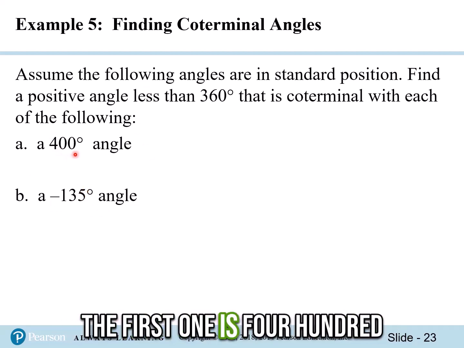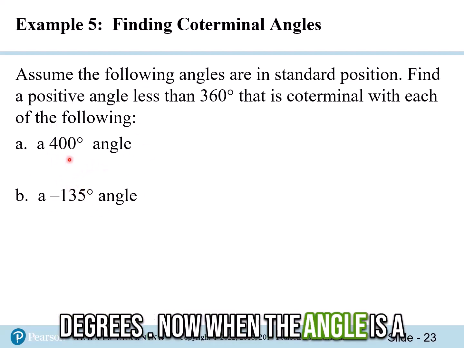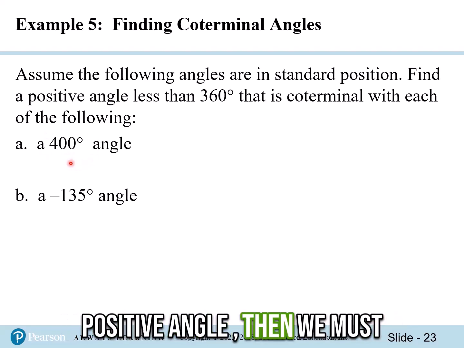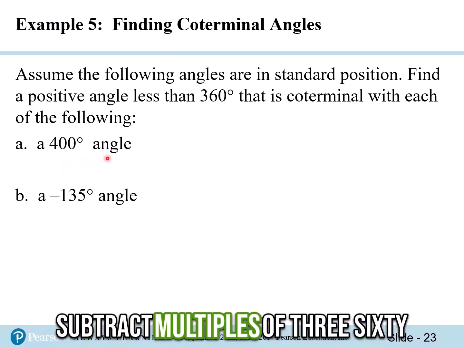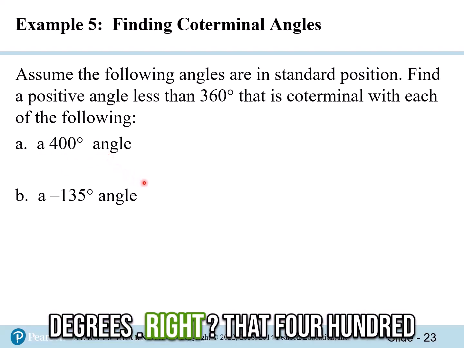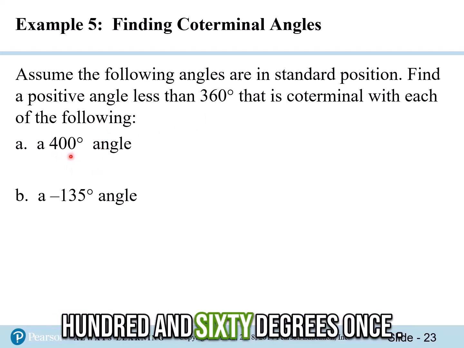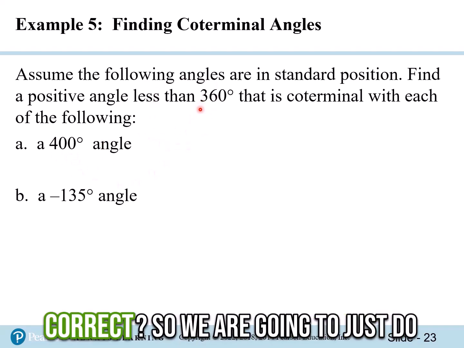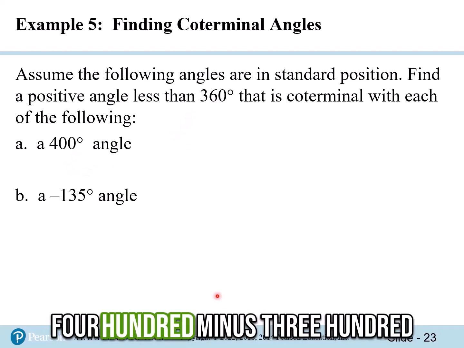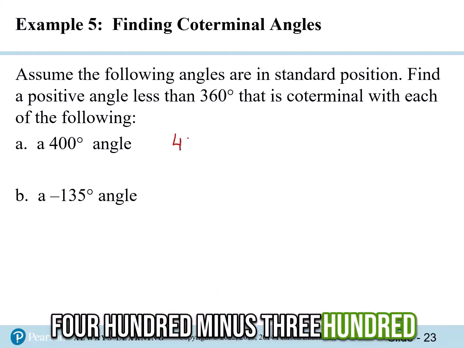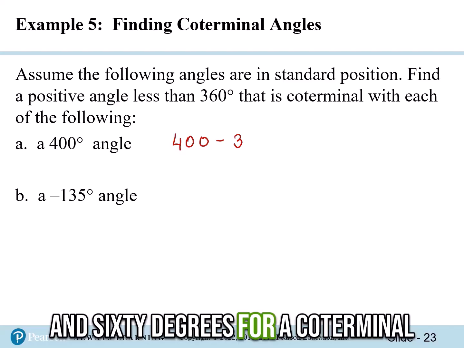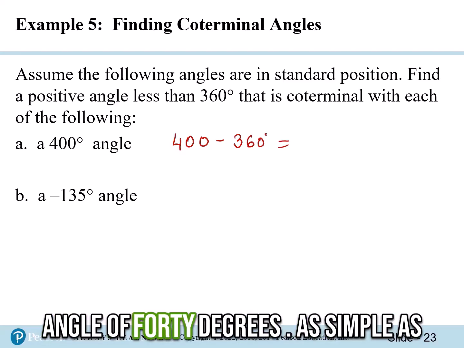All right? Now let's look at these examples here to find coterminal angles for the angles given to us in degrees. The first one is 400 degrees. Now when the angle is a positive angle, then we must subtract multiples of 360 degrees, right? 400 degrees has gone over 360 degrees once. Correct? So we are going to do 400 minus 360 degrees for a coterminal angle of 40 degrees. As simple as that.